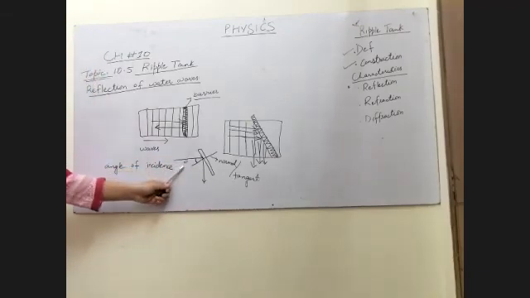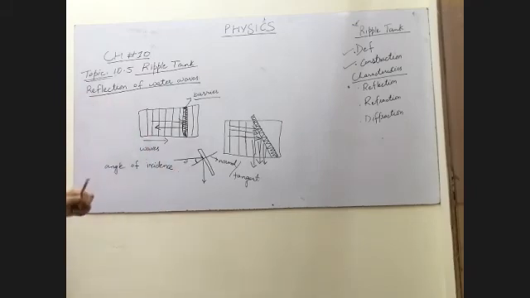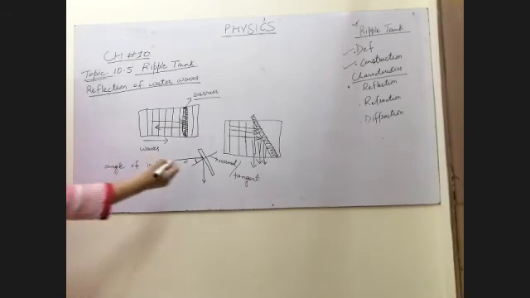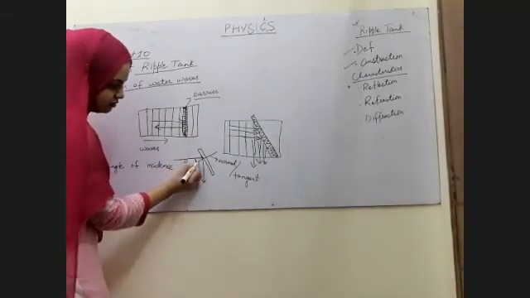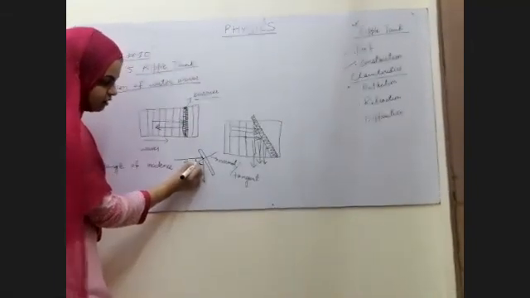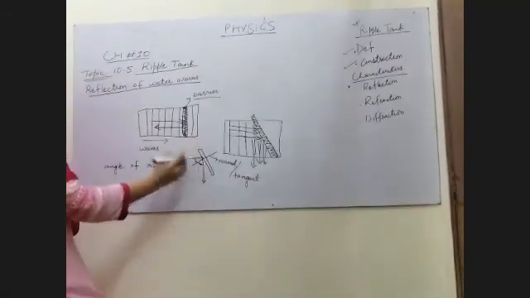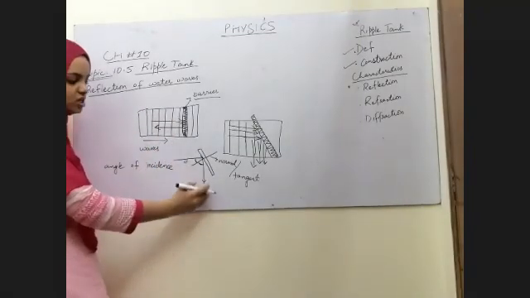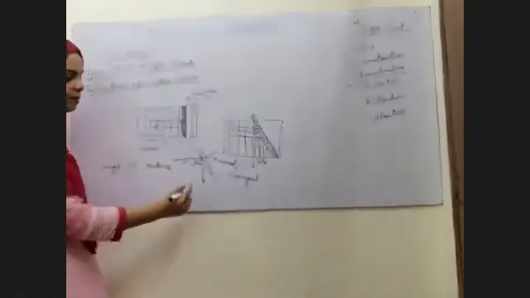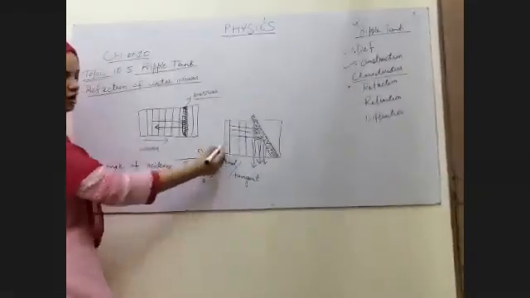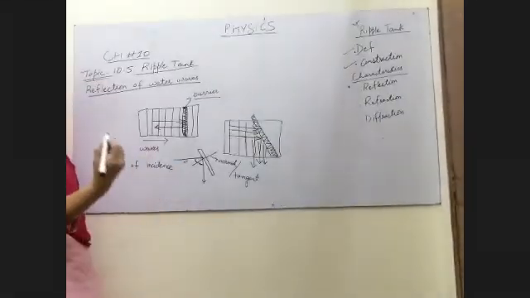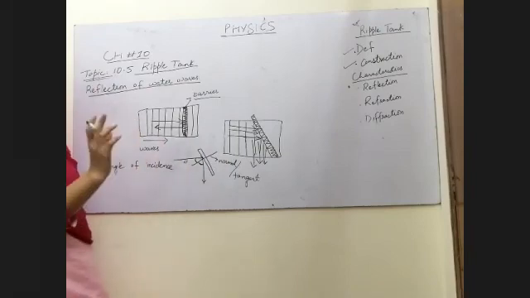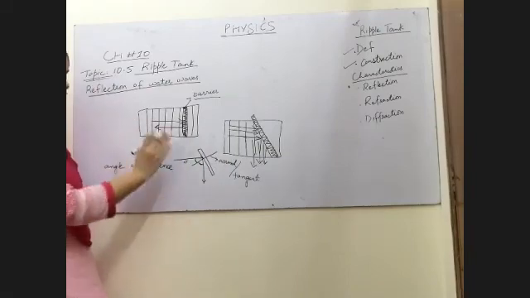And we will observe that this angle of incidence is equal to the angle of reflection. Now, where is the angle of reflection? Here. After hitting, when they change their direction, we draw the normal and measure the angle between the two waves.